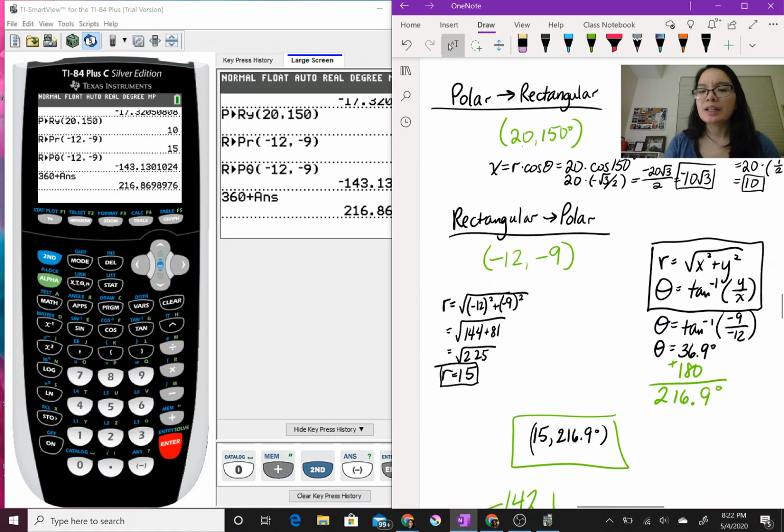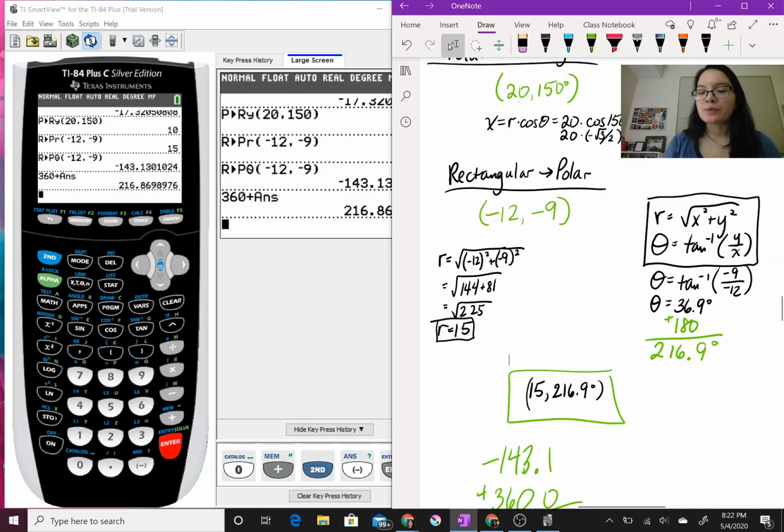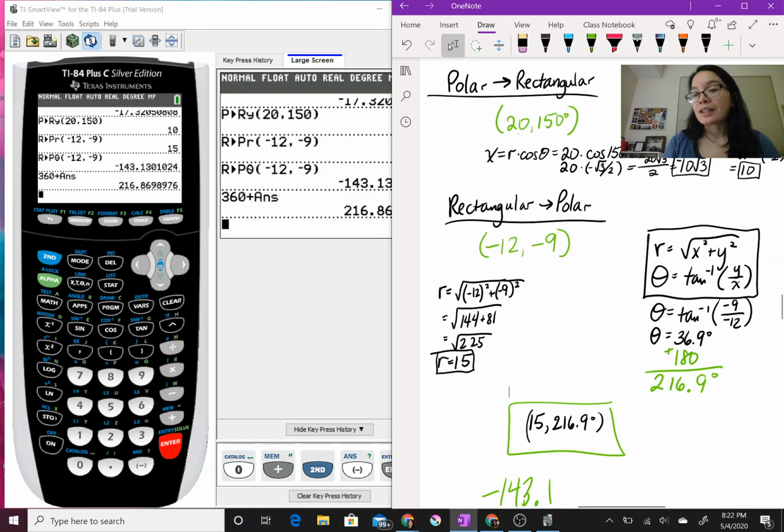Using a calculator can be helpful if you say that you didn't have special angles. So in this case, for this one, theta was going to be 36.9 degrees. So it's not a special angle on your unit circle, so that would be pretty difficult to find in there. And same thing, say if you had polar coordinates where the angles weren't special angles, then of course you would want to be able to check with your calculator and see what you have.